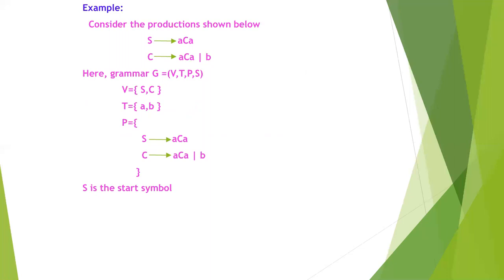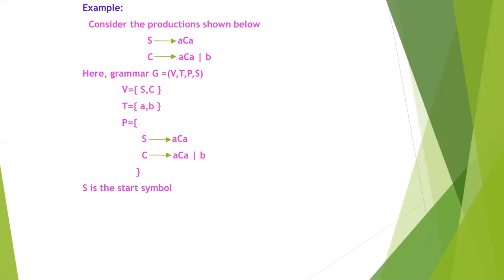Consider the production shown below. S produces A C A, C produces A C A or B. Here grammar G equals N, T, P, S. N contains all the uppercase letters, that means the symbols that you are going to derive. S, C are non-terminal symbols.